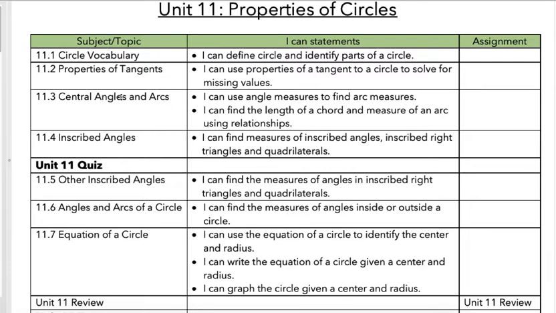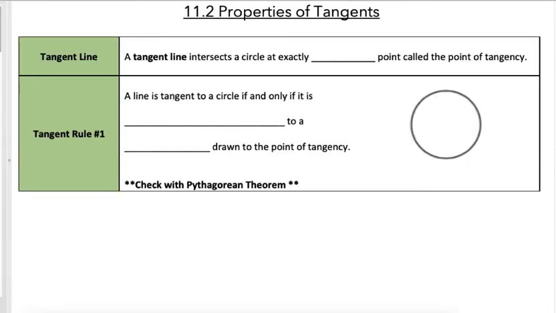And so today we're going to focus on a couple of properties of tangents and use those properties to solve for missing values or to determine if something is a tangent or not. Remember from last time, a tangent line intersects the circle at exactly 1 point, called the point of tangency.